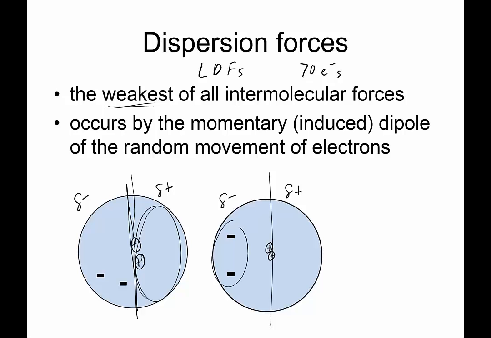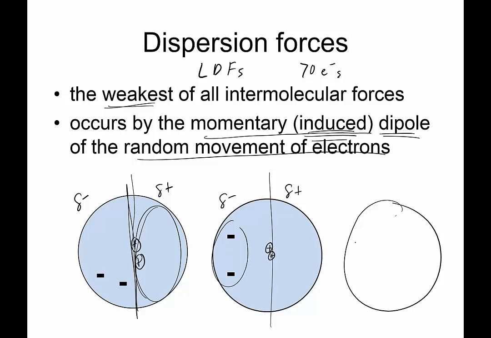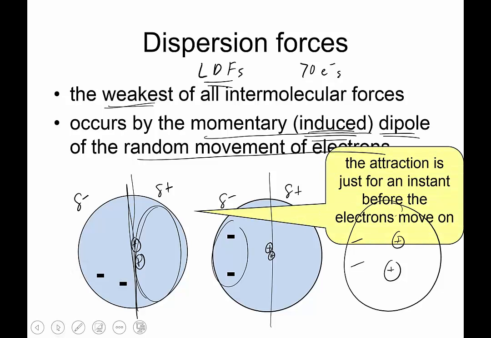It forms a momentary induced dipole just for the simple fact that the electrons move. And if we had another helium atom, it would do the same thing. So that's a London dispersion force. The attraction is just for an instant before the electrons decide to keep moving.